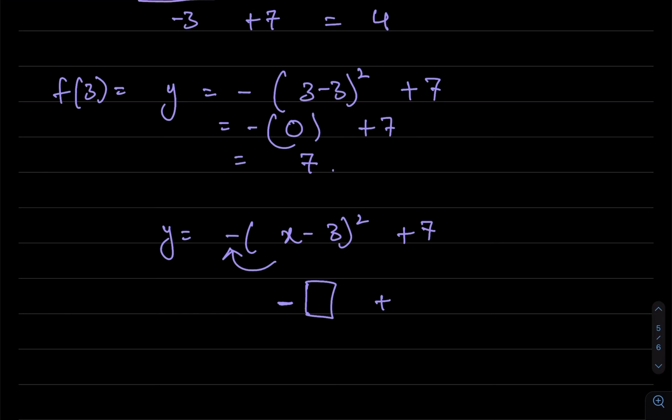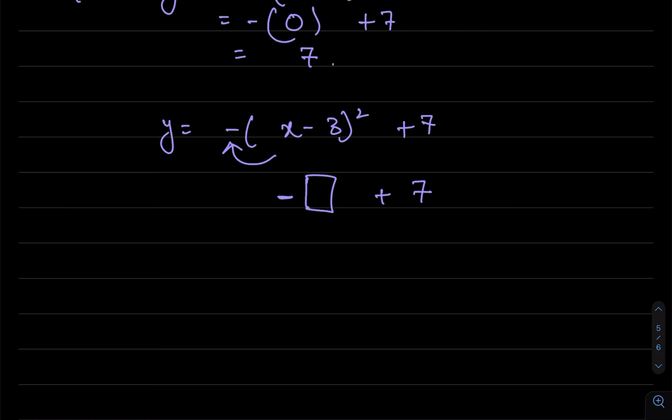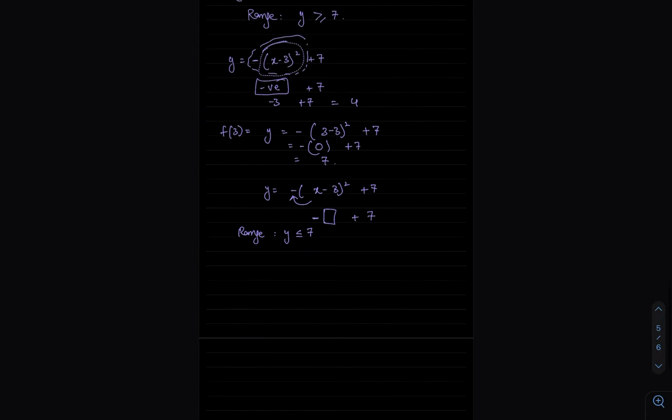And then when you add it to 7, you're going to get less than 7. So the biggest number that you can get out of this function is positive 7. And so the range is y is going to be less than or equal to 7. The maximum value is 7, and it can be either 7 or lesser than that.